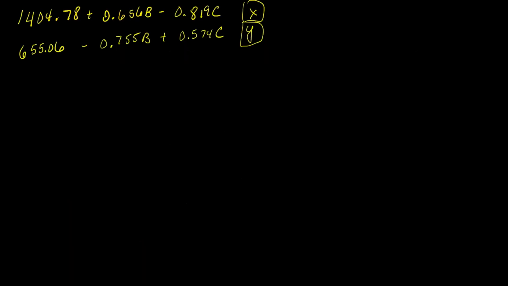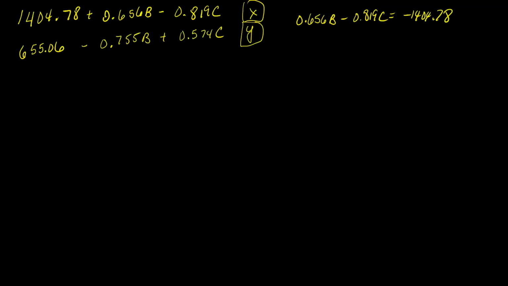All right, so I'm going to rearrange these a little bit so that my constants are on one side and my variables on the other side. So I'm going to rewrite this first one as 0.656 B minus 0.819 C equals negative 1404.78.